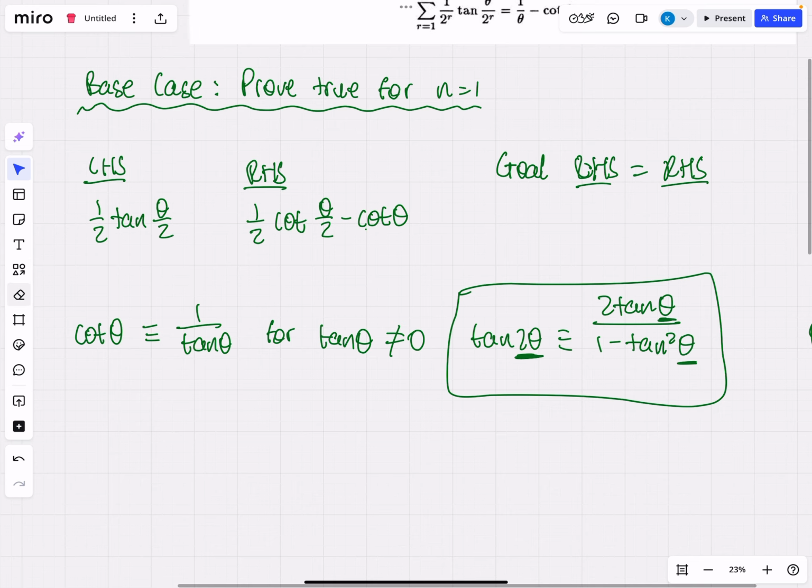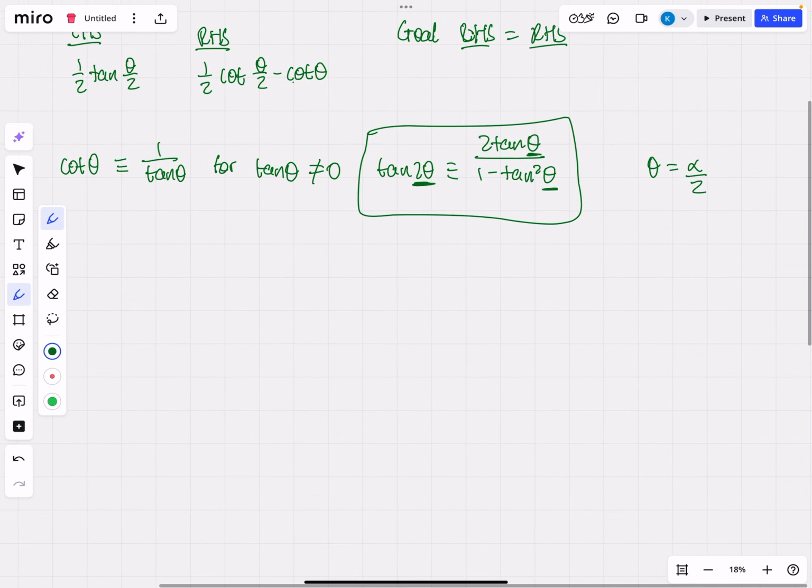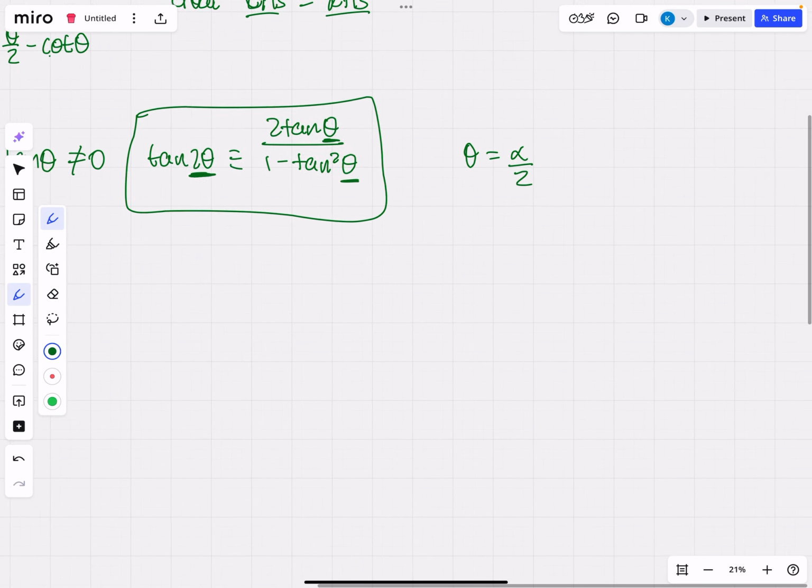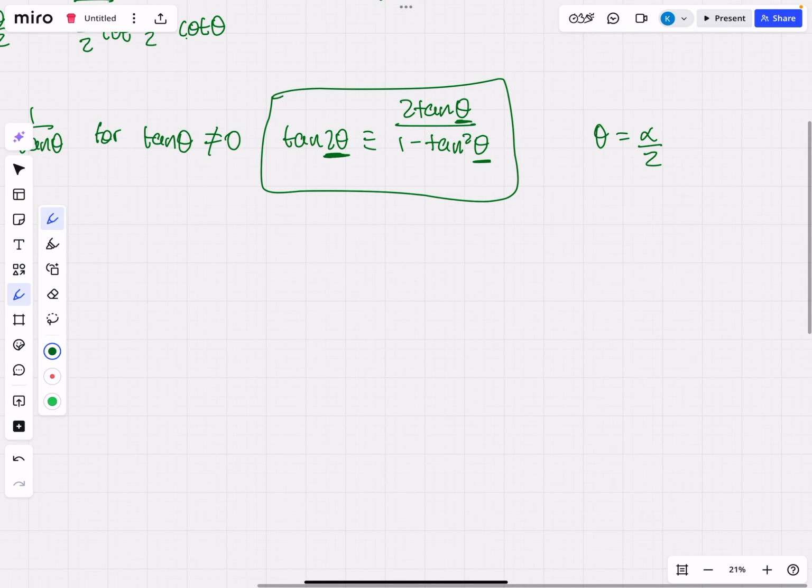Now, we can manipulate this condition here. If we let theta equal alpha over 2, this becomes tan alpha is congruent to 2 tan alpha over 2 over 1 minus tan squared alpha over 2, right?